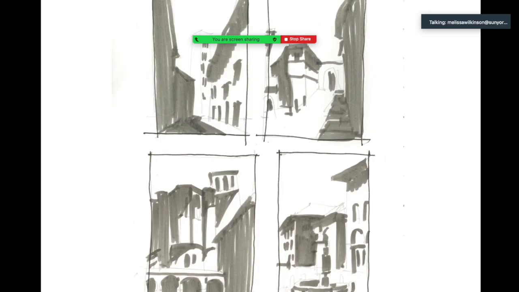Now, some people use just simply light and dark as a means to compose. And this actually falls back onto the notion of notan. Notan is N-O-T-A-N, and it's an Eastern way of composing a visual picture using just black and white.